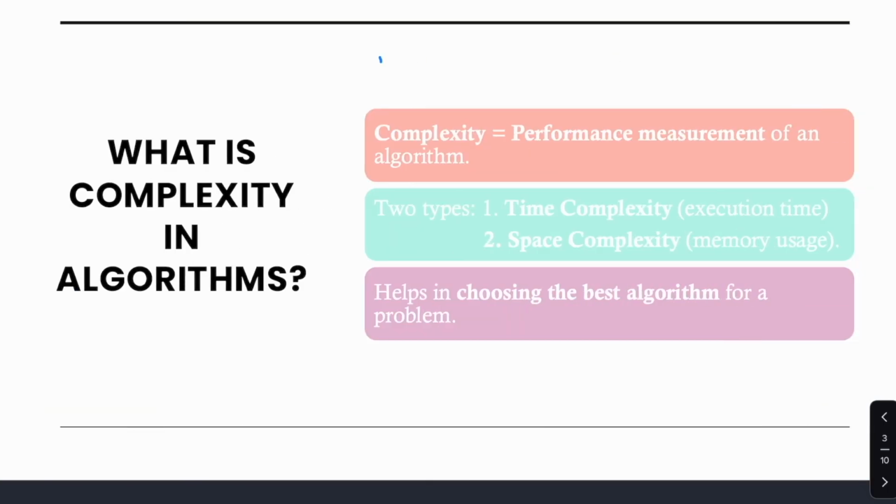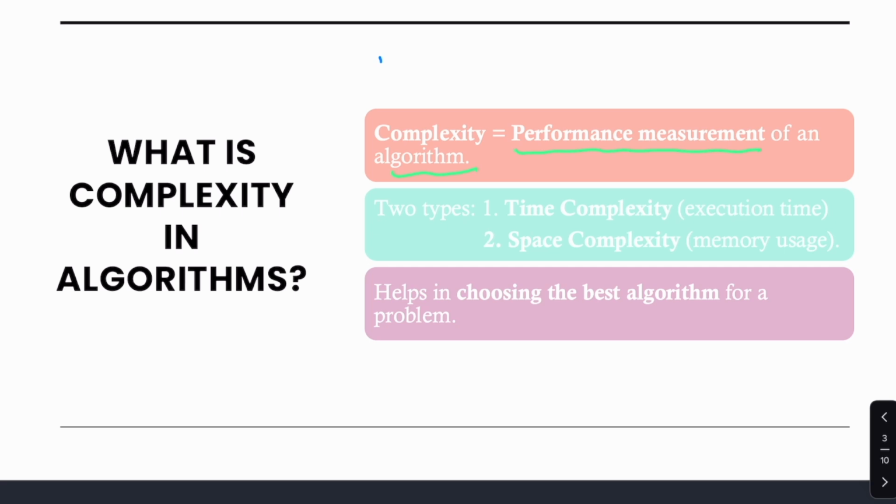So let's get started. What is complexity in algorithms? Here you can see the definition. It is the performance measurement of an algorithm. It is important to understand how to measure the efficiency of an algorithm.